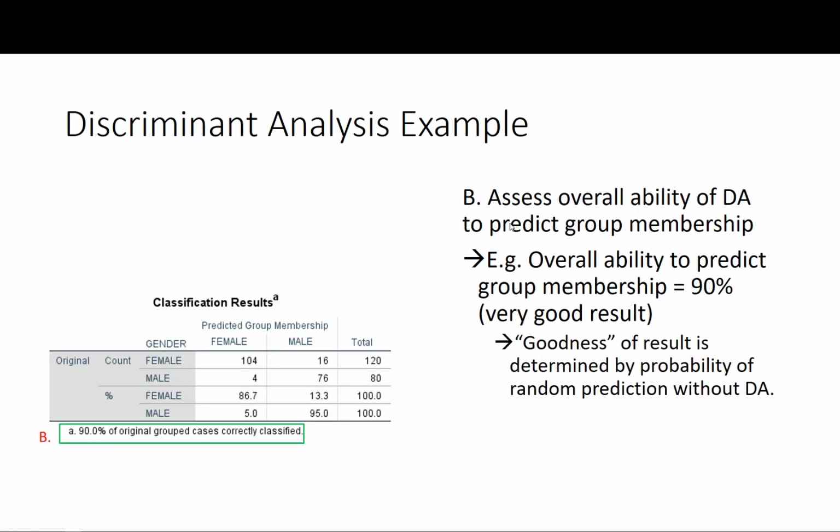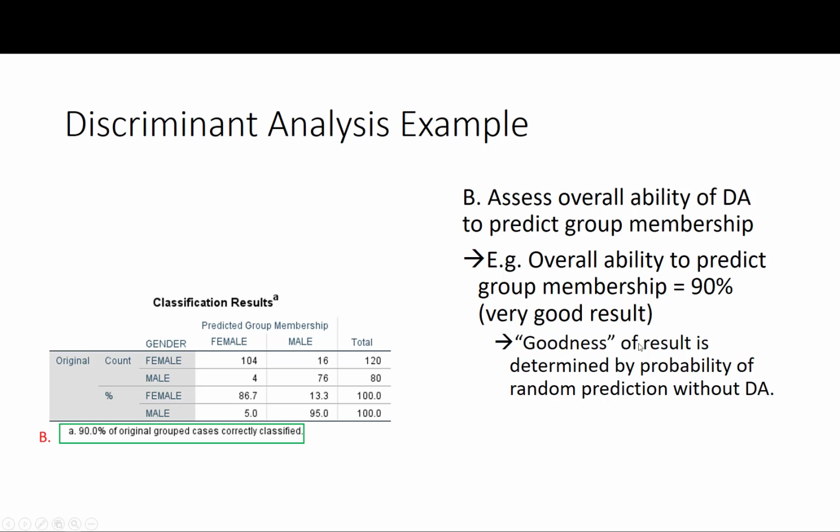But we also have the classification results, which tell us down the bottom here, in terms of the assessment of the overall ability of the discriminant analysis to predict group membership, essentially 90% of male and female group membership is predicted by our 6 independent variables. So this is a very good result.